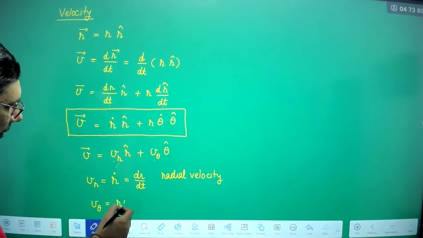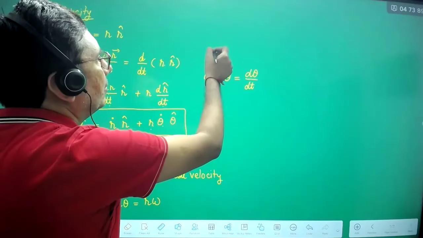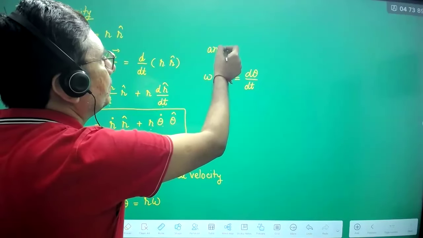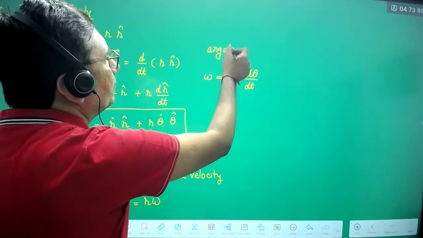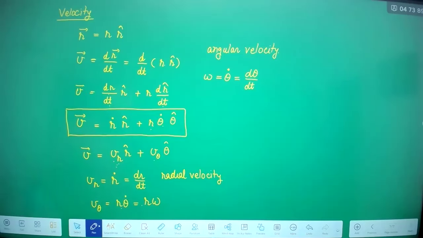So what is theta dot? You can also write theta dot as omega, and it can be d theta by dt. You call it angular velocity, omega. So v theta equal to r theta dot, and that is r omega. Is it clear?